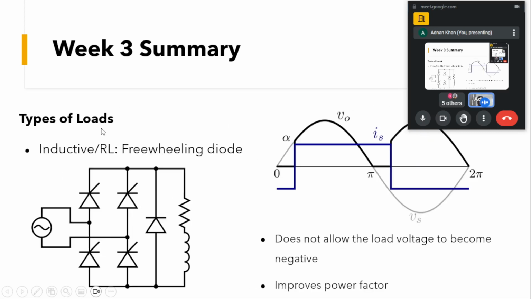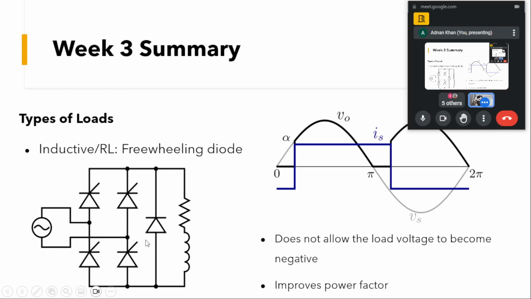So if you can see, we now have a full wave rectifier, but it has one extra diode, called a freewheeling diode. You can see that it is connected across this load.